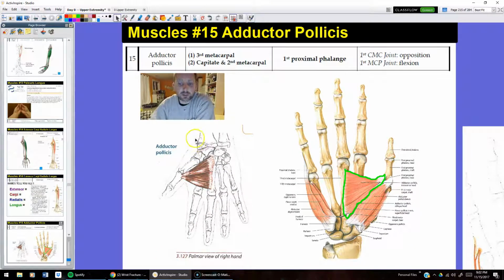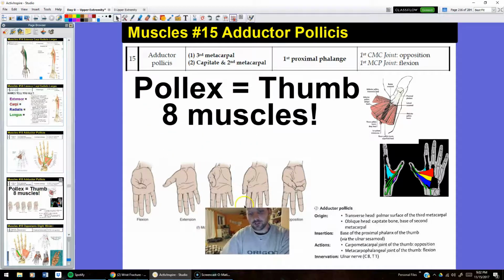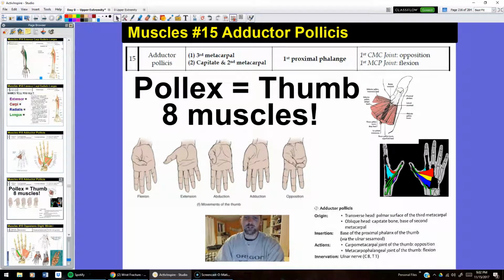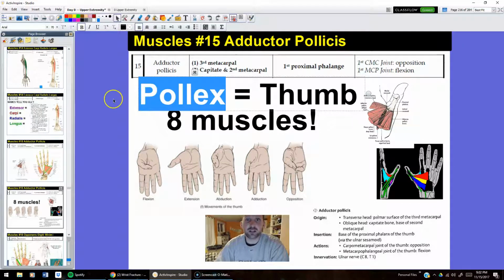Pretty fast muscle to build because it's short, but your mannequins don't have great carpal bones, so we might have to draw that in during class time. What I did in my very first year of teaching anatomy is actually had my students build 8 muscles, the 8 muscles of the thumb. There's 8 muscles that go to your thumb. And every time you see a muscle that goes to the thumb, it's called pollex. See, the adductor pollicis goes to your pollex, or your thumb.